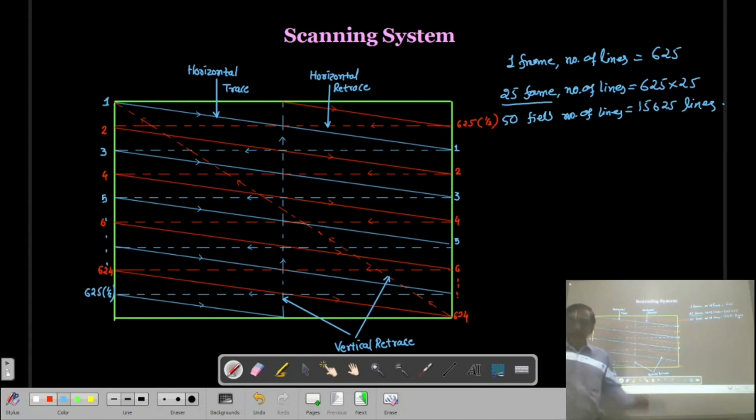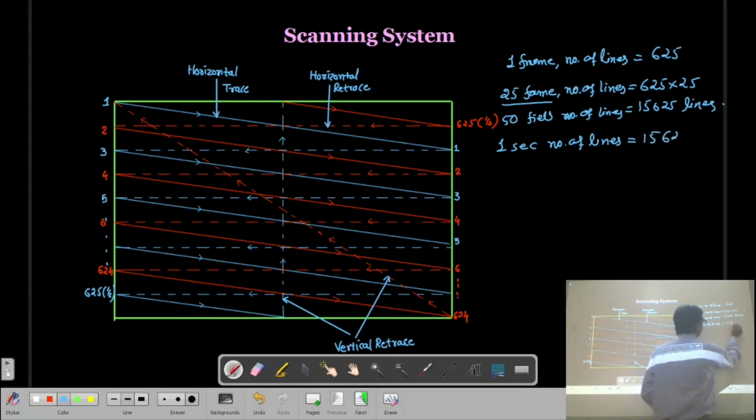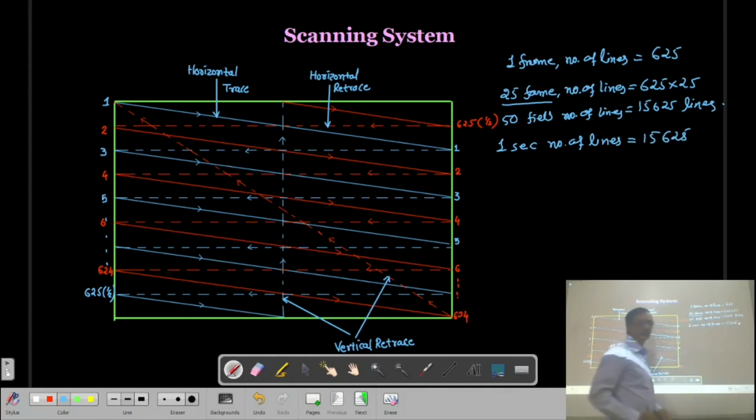Okay? So in 1 second, how many lines are going to be drawn? In 1 second, the number of lines is 15,625. So how much time is required to draw one line?